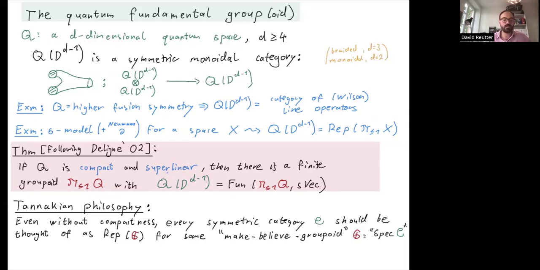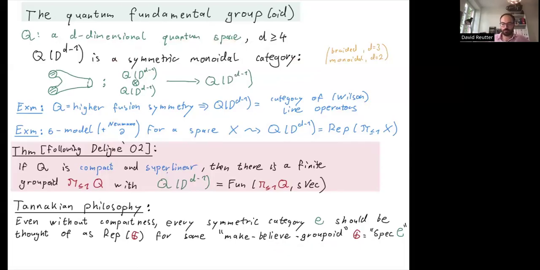You can define affine algebraic varieties, or affine schemes even, as the opposite of the category of commutative algebras. So you pretend every commutative algebra has an underlying fuzzy set-like structure behind it. And similarly here, if I have any symmetric monoidal linear category, you can pretend this is functions on some algebraic or make-believe 1-groupoid.